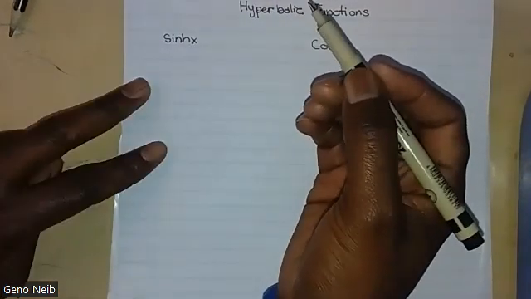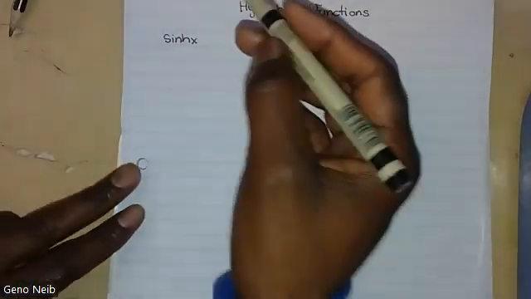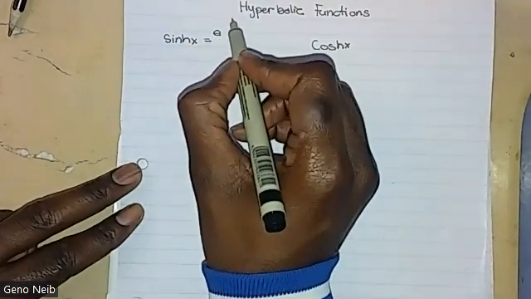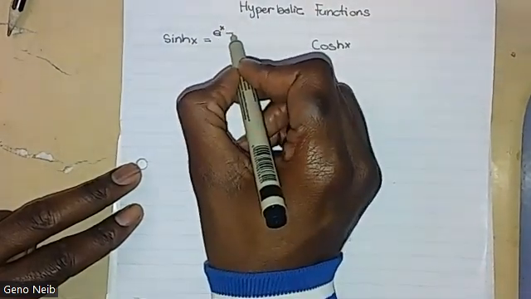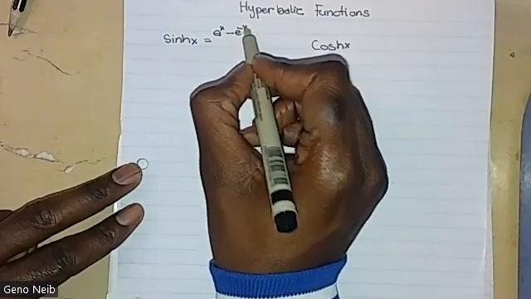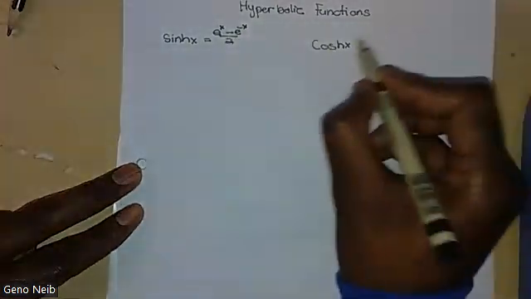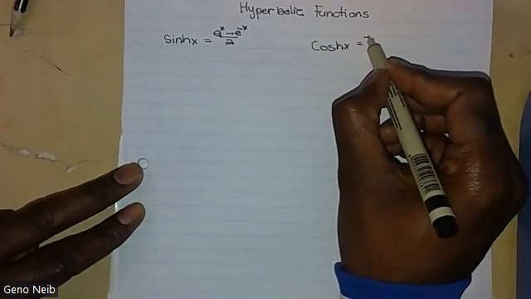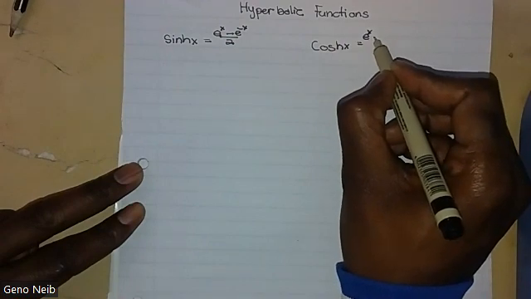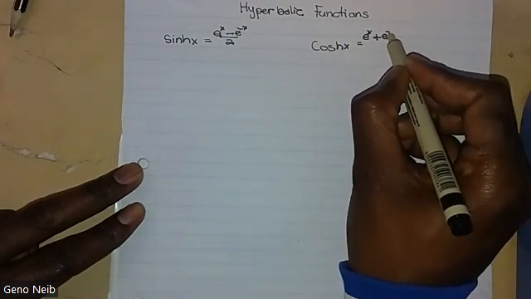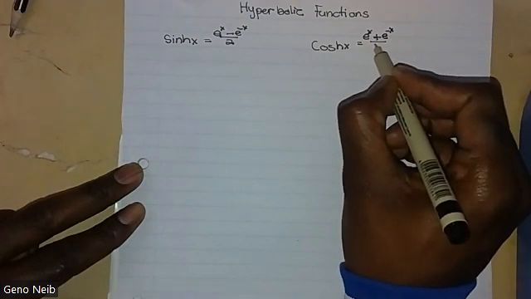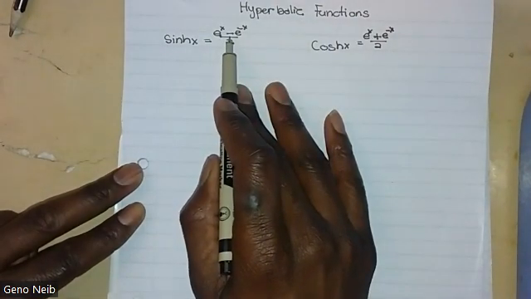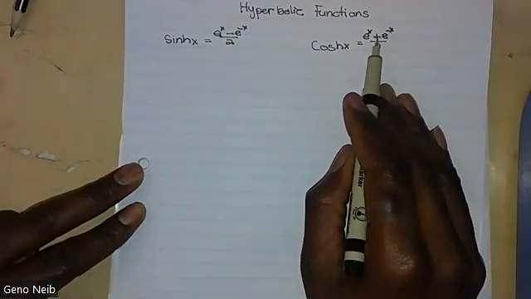So this is the meaning of sinh of x: it equals e to the x minus e to the negative x, divided by 2. And cosh x equals e to the x plus e to the negative x, divided by 2. The only difference between these two is the minus sign for the sinh and the positive sign for the cosh.